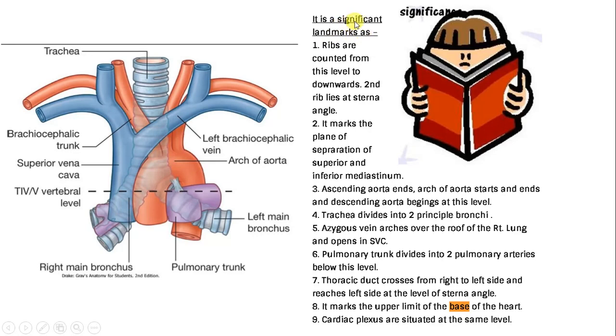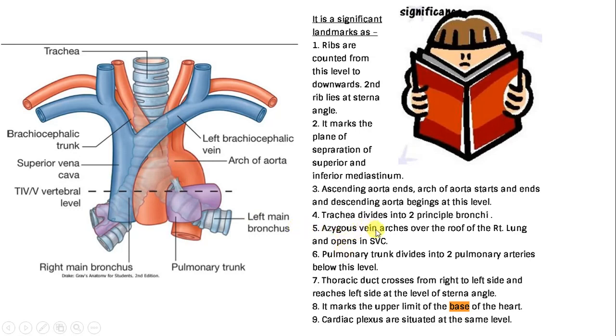It is a significant landmark, as ribs are counted down from this level. Number 1, from the second rib. It makes the plane of separation of the superior and inferior mediastinum. Number 2, the ascending aorta ends, the arch of aorta starts and ends, and the descending aorta begins. The trachea divides into two bronchi at this level.